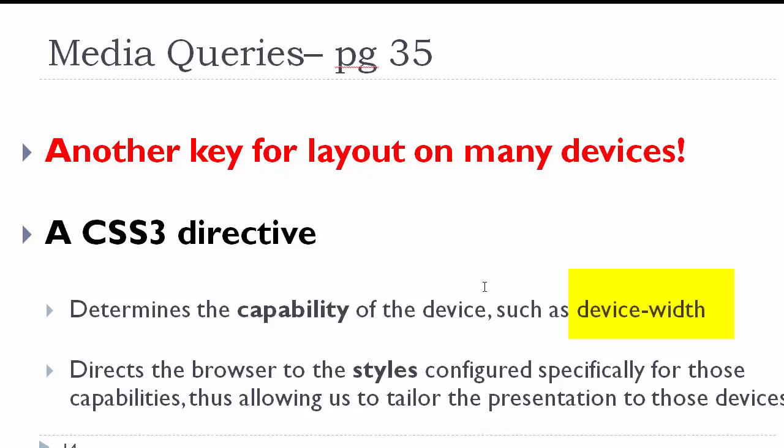Based on whether that capability exists, it will direct the browser to the styles that are specifically configured for those capabilities so that we can tailor our presentation and functionality to those devices. So a media query allows us to direct styles for the different devices, and this is essentially how we create a responsive web layout.